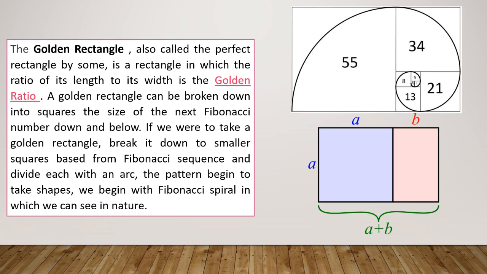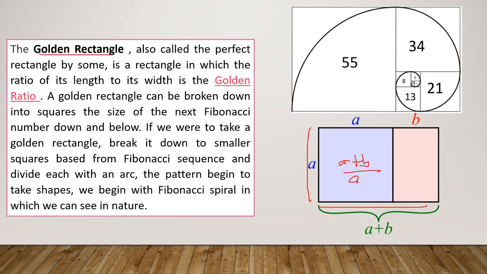Now the golden rectangle is called the perfect rectangle by some. It is a rectangle in which the ratio of its length to its width is the golden ratio. So if we're going to recall, we have A plus B all over A. Okay, that is the golden ratio.